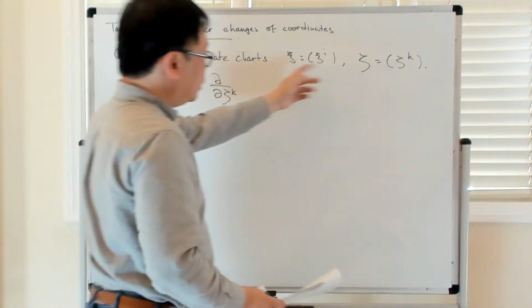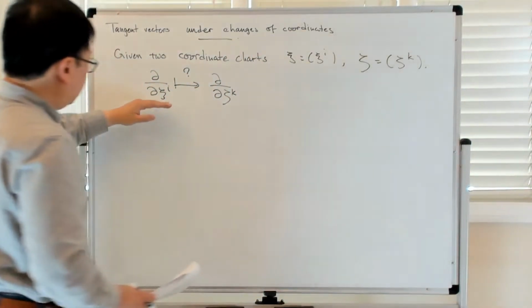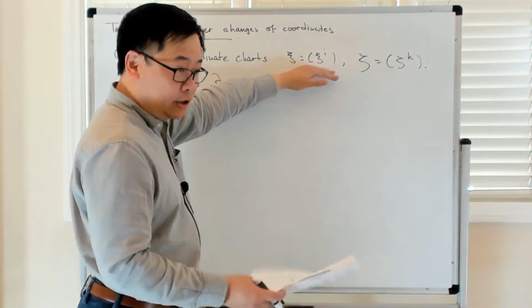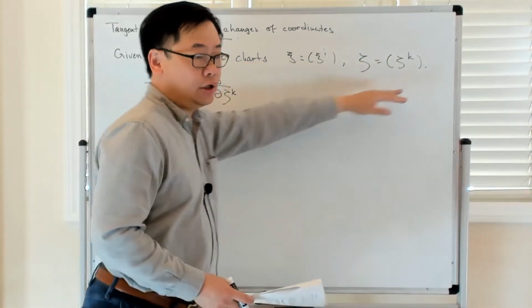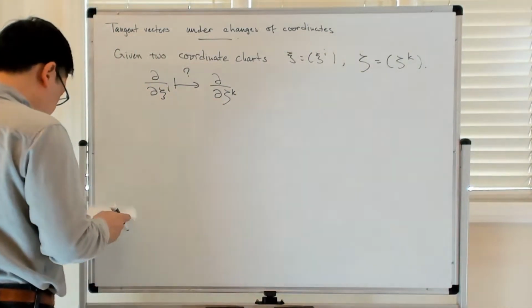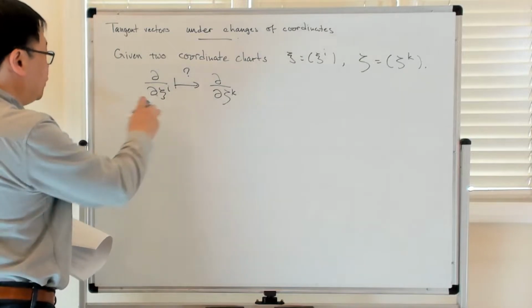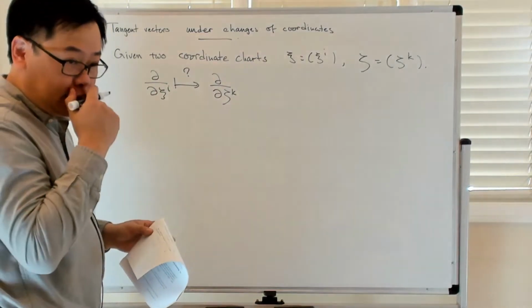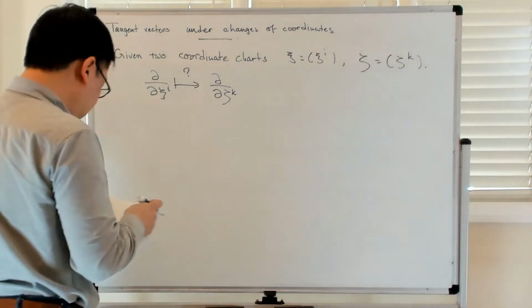You're given two coordinate charts on the manifold, and you have a basis for the tangent space associated with each of the coordinate charts. How do you change between them? If you recall, the way to think about this is in terms of directional derivatives of scalar valued functions.